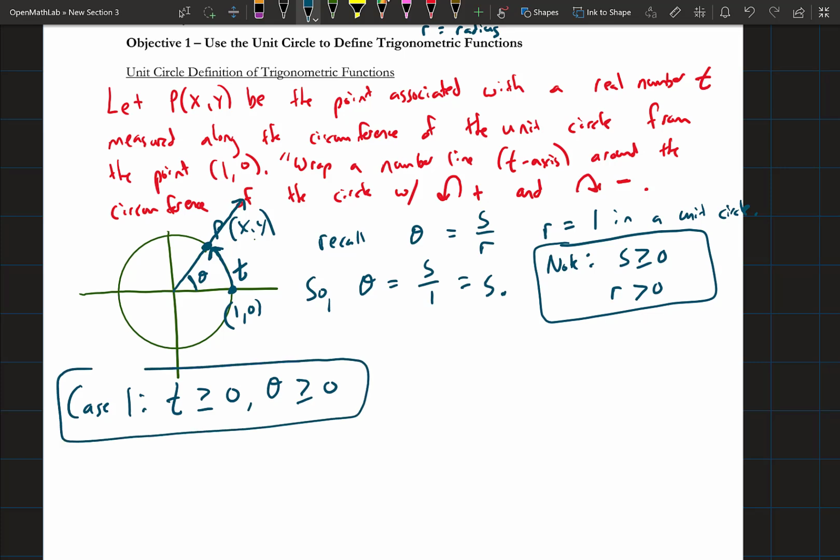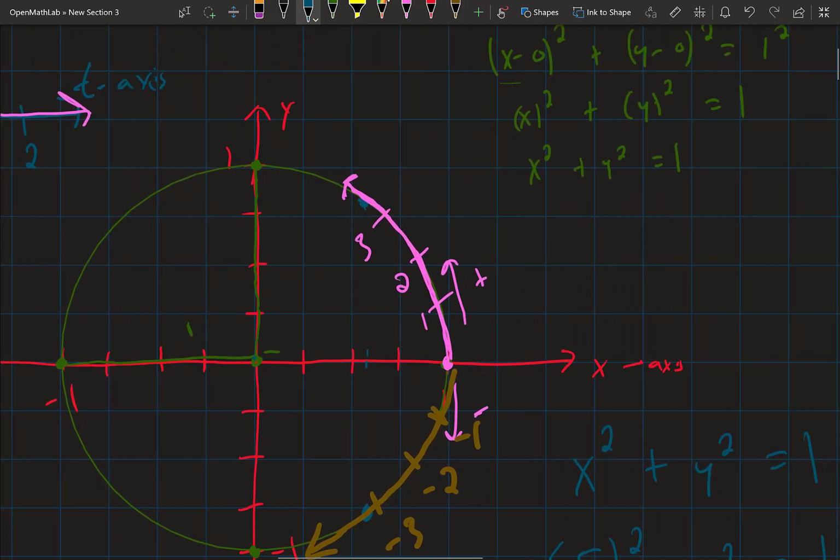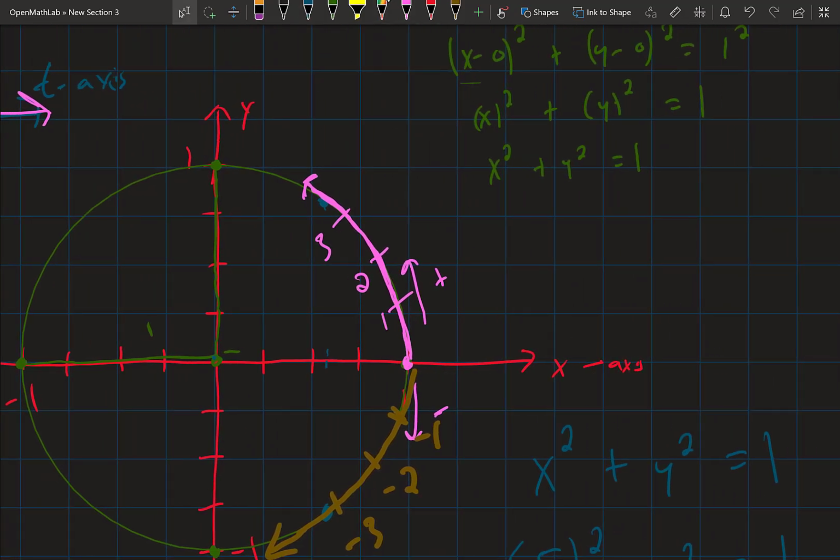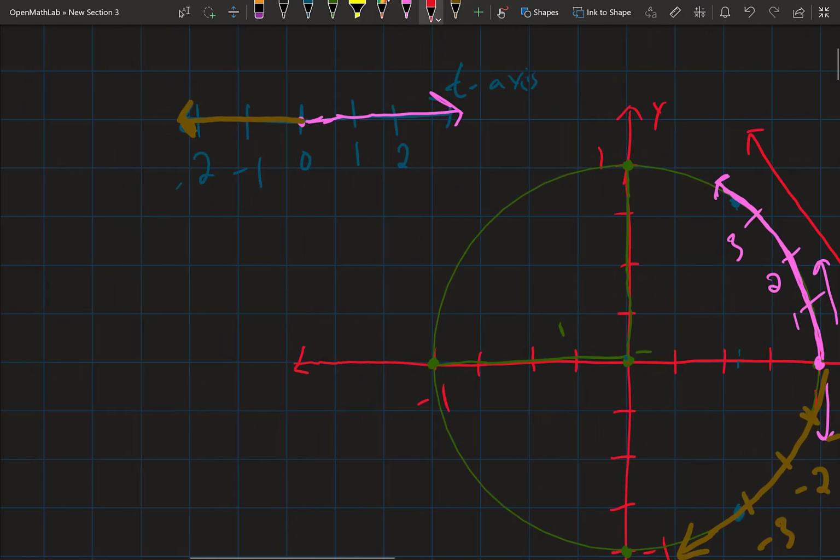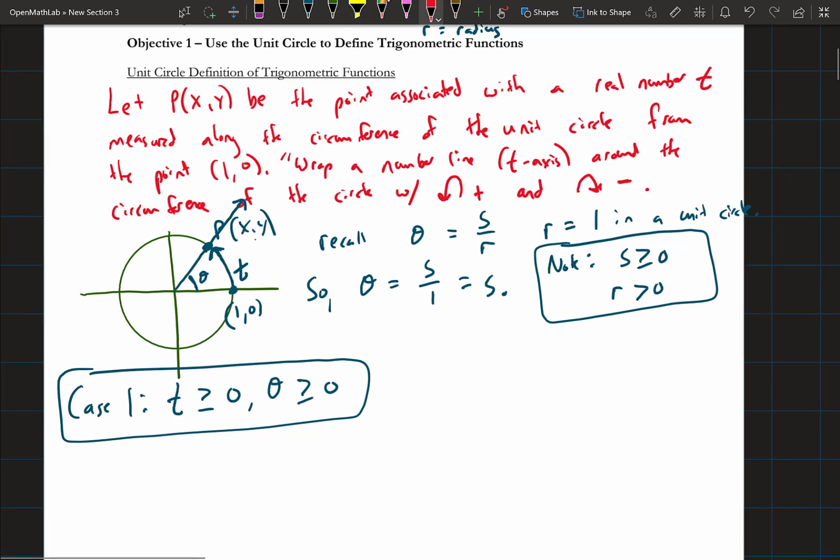On this diagram, if t is positive, that means we're going in this direction, measuring from the x-axis. So if we're going in a counterclockwise motion, then theta is going to be greater than or equal to 0 as well.